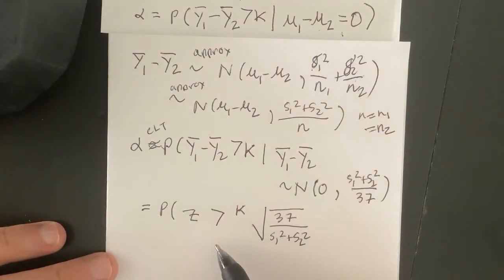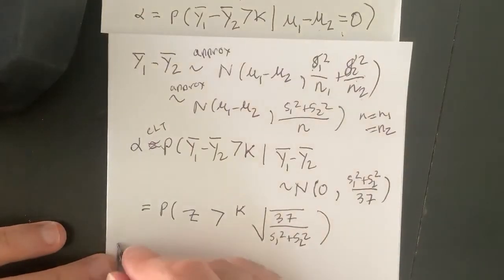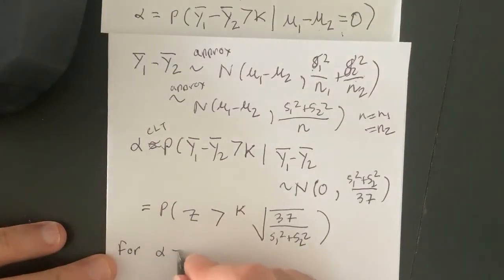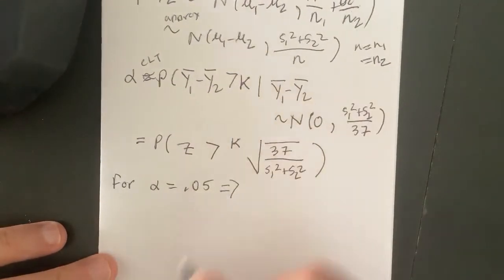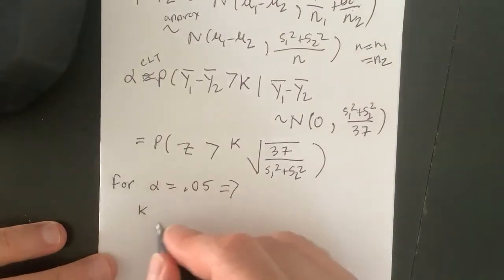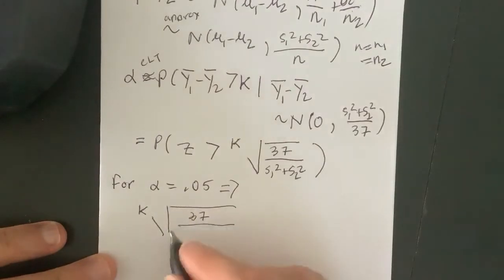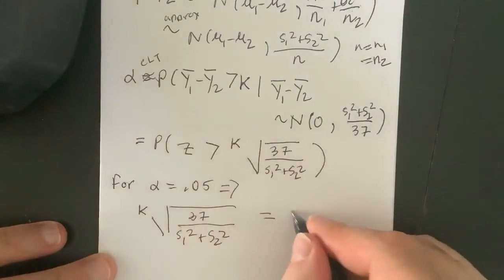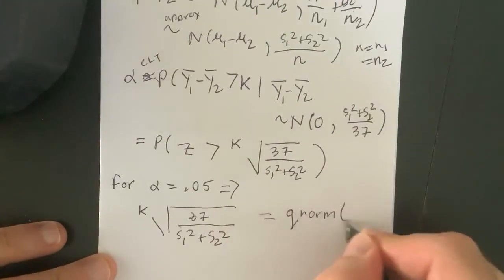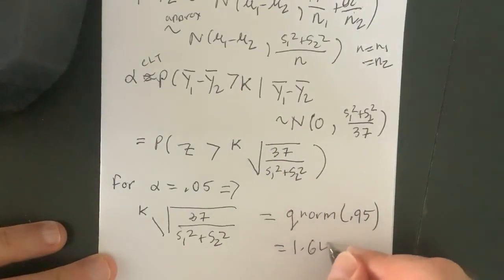If I do all this, what do I get? Well, I didn't do it yet. So for alpha equals 0.05, this means that k times the square root of 37 over S1 squared plus S2 squared should equal qnorm 0.95, which is equal to 1.645.